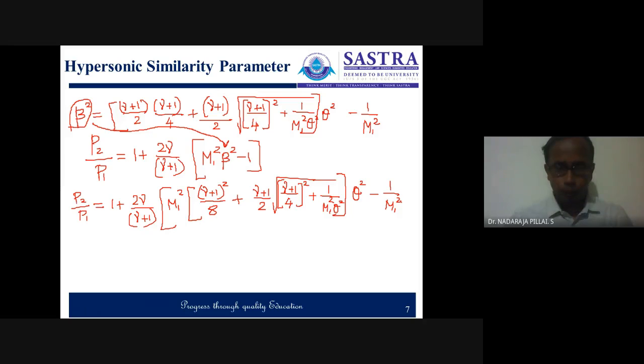So I want you to reduce this equation. I recommend you to reduce this equation, so please try to reduce it.